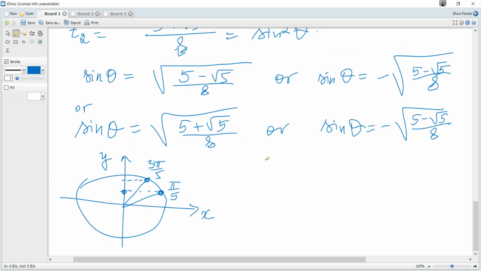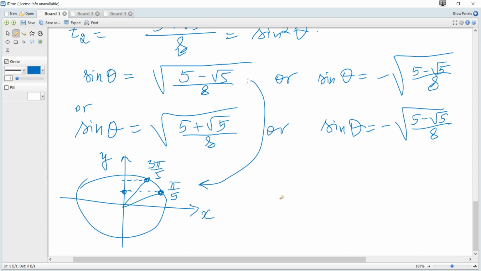And among these values of sine, you can see that 2 positive are these values, and the smaller is this one, so it corresponds to pi over 5, and the greater corresponds to 3 pi over 5.